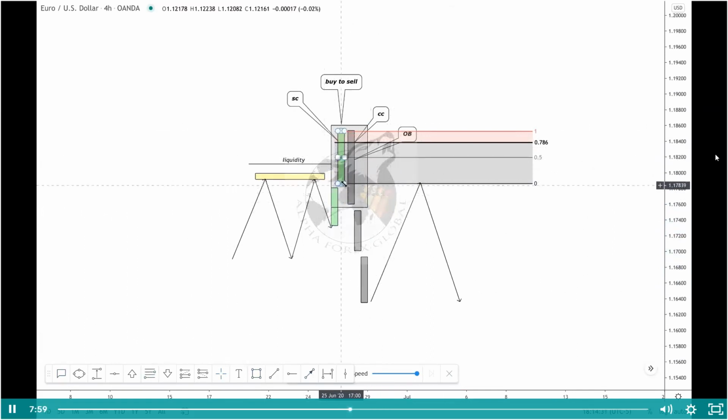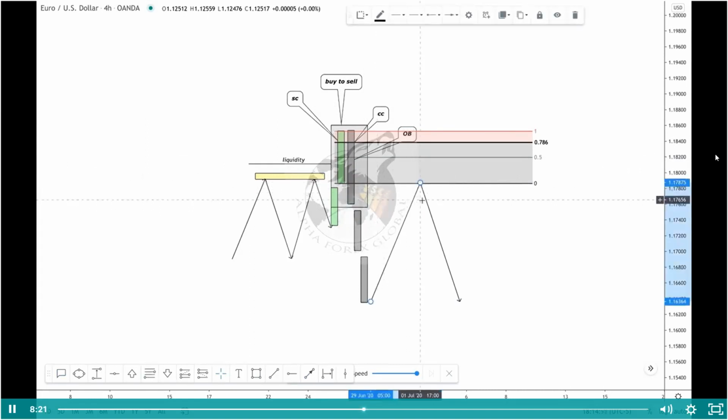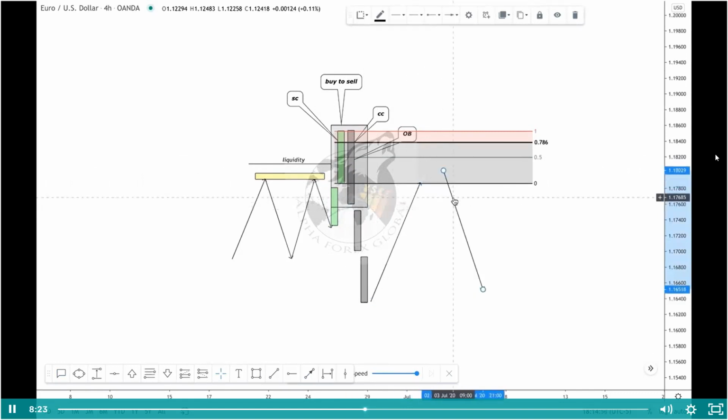So when the market comes back and plays off this order block, that is called mitigation. Mitigation is nothing special, it's just a term used to describe the opposite move after the market comes back to this order block and mitigates from an inefficiency. So it's just the market collecting money and moving in the opposite direction. That is generally mitigation, right?